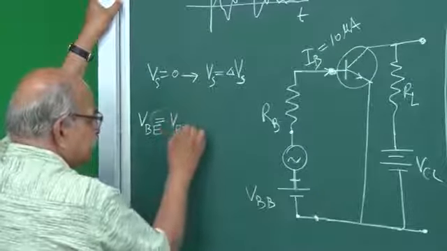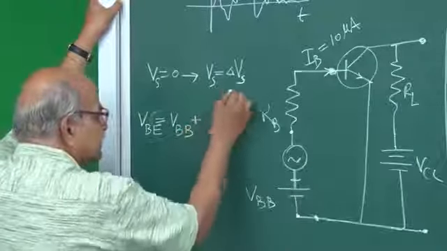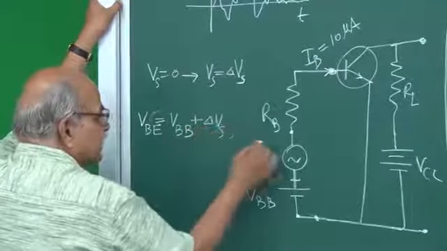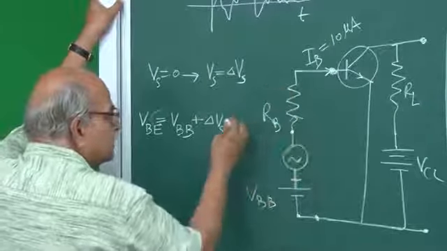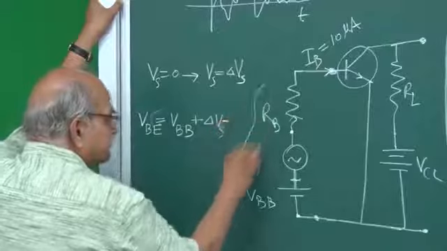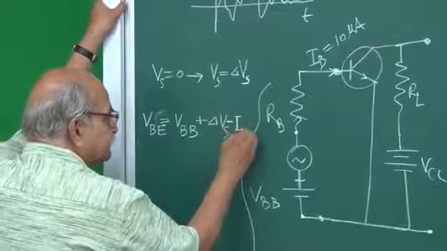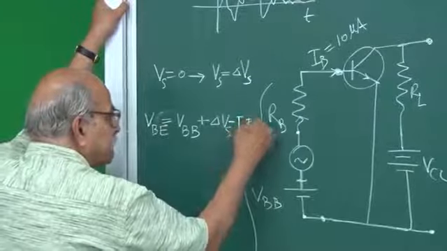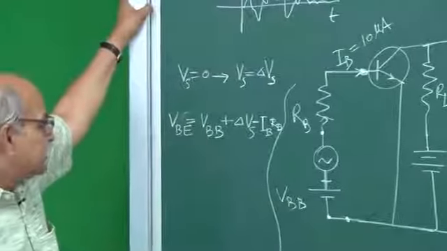So it is VBB, and then plus Vs, which is delta Vs here, and then how is the current? This is how the current is. So, the voltage is dropping, so it is minus IB into RB.